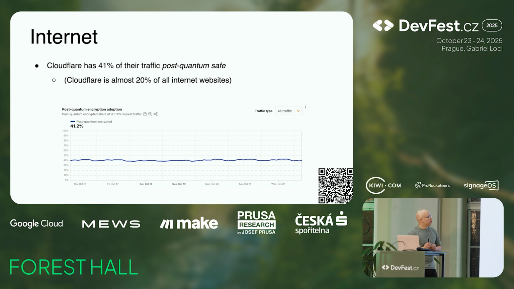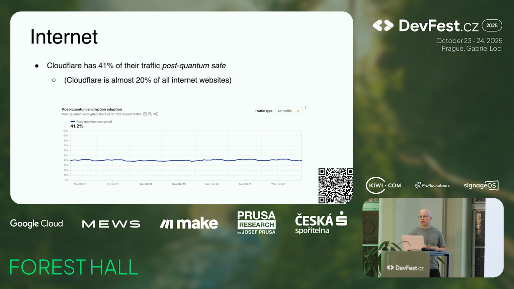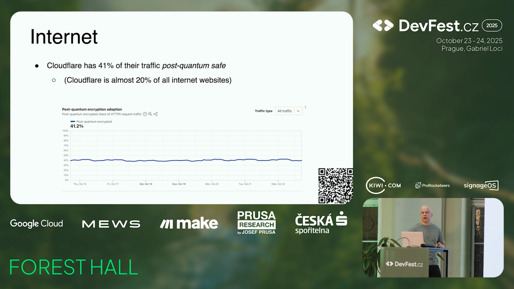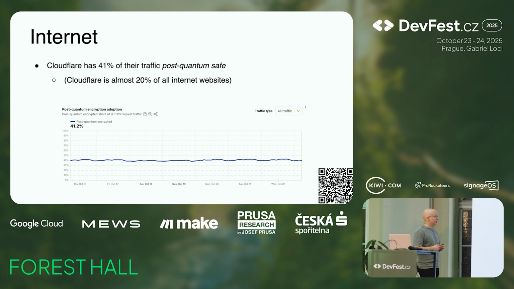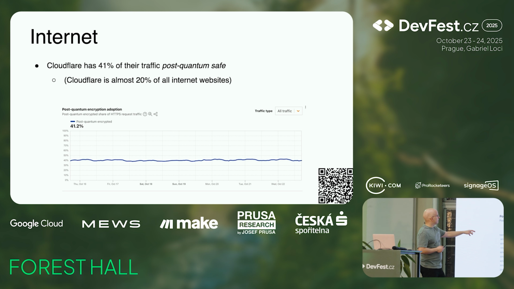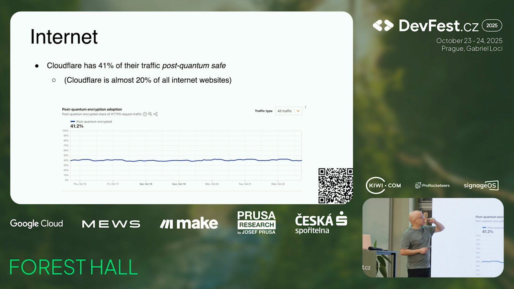So without you even knowing that, you are probably communicating with a lot of websites already in a quantum-safe manner, in case the website is using Cloudflare, or of course there are also other providers. What is kind of interesting is that it's about 41%.